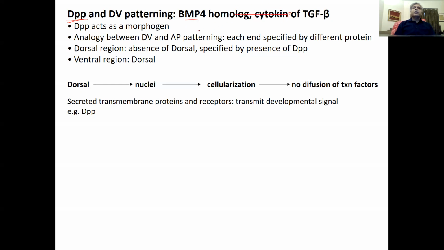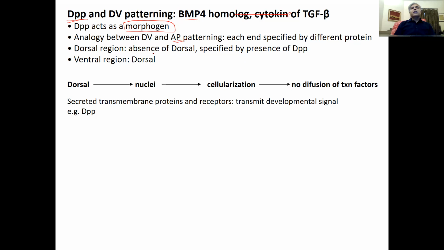It's a BMP4 homolog. DPP is a morphogen, okay? And there is a concentration gradient. Just like anterior posterior axis formation, dorsal ventral axis formation is also specified by different proteins which are deposited by the mother, what we know as maternal effect genes.